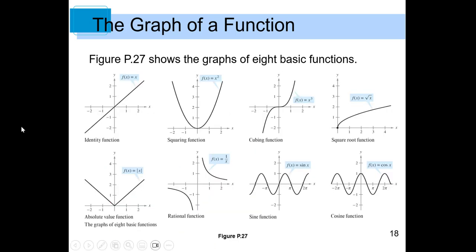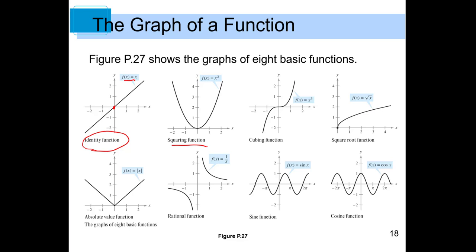Now let's take a look at some of the basic functions and their graphs. First one is called the identity function, f of x equal to x. So basically it's y equal to x. It's a straight line passing through the origin with a slope of 1. The second one is the square function.